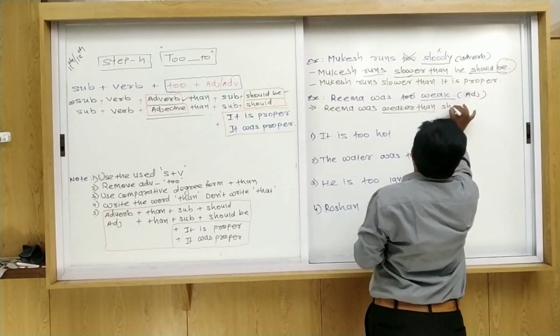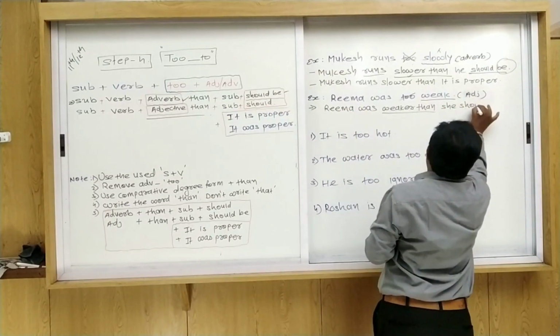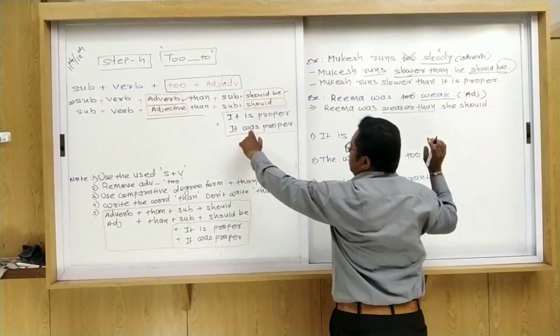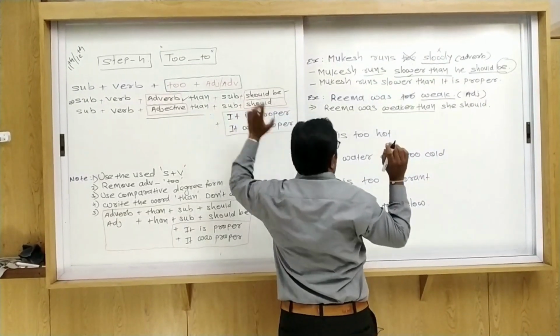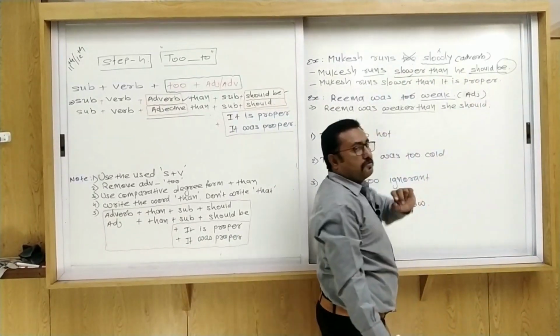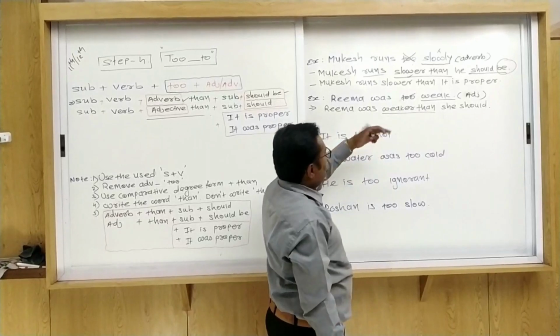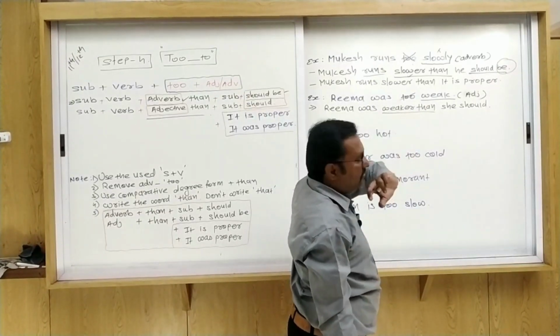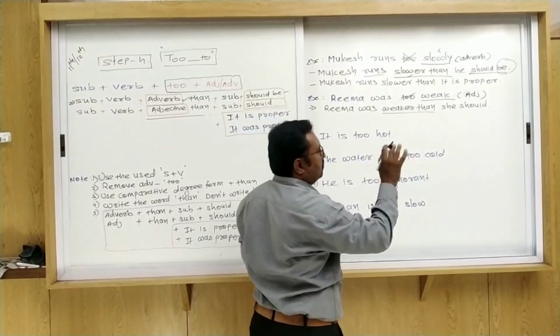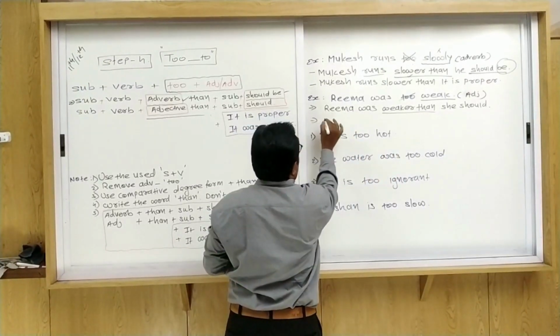So she should. Don't write "be" because an adjective is given here. Suppose an adverb is given, at that time you write "should be", and for an adjective you write "should".